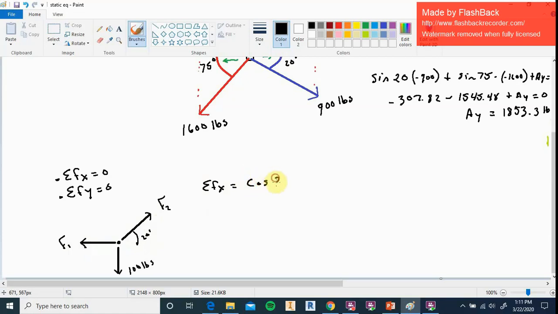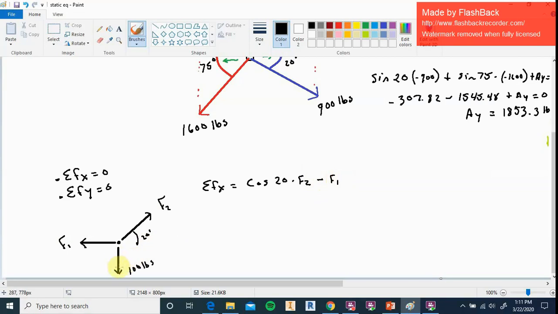So cosine of 20 times F2, and that is the x component of this vector right here. And since this vector has no angle, it's on the x-axis, we can simply add that vector onto it. But since it's going negative x, I can add a negative, or I can just subtract F1.